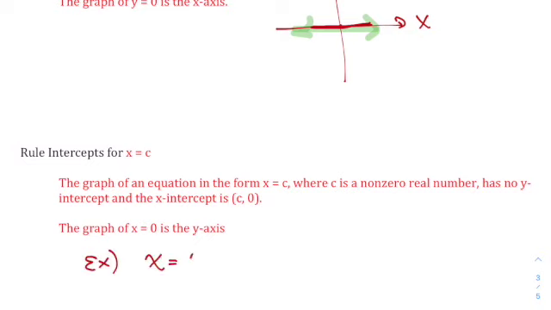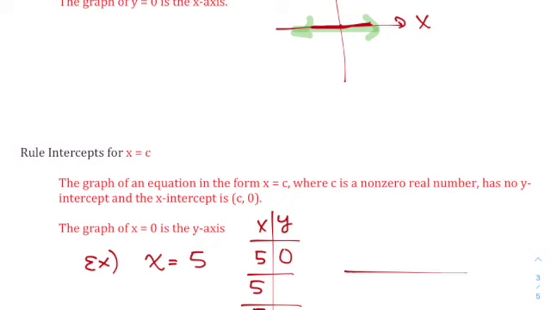X equals 5. That means all the x-numbers you have on the chart are going to be 5, 5, 5. And y could be 0, or it could be anything. If you graph it, x equals 5: (5, 0), (5, 1), (5, 2), (5, 3), and you can use (5, -2) right here.